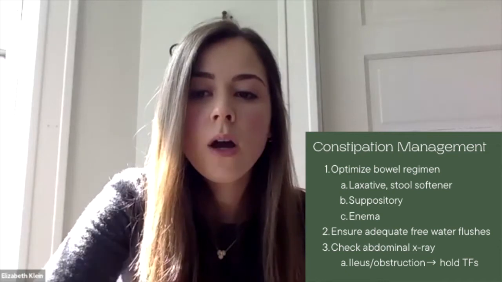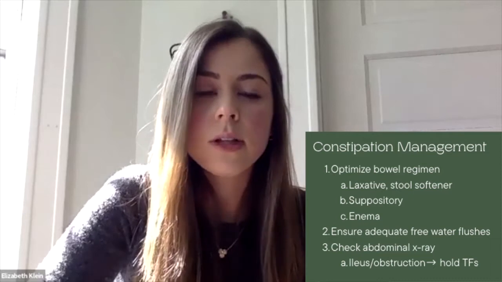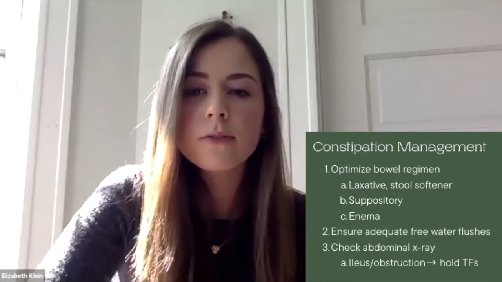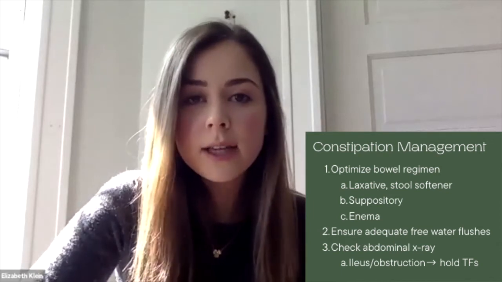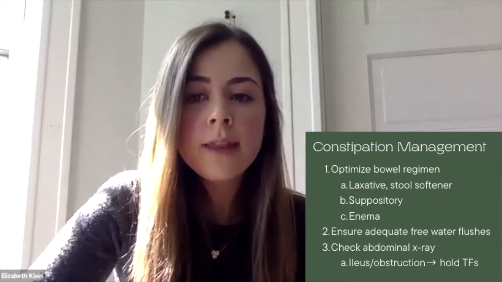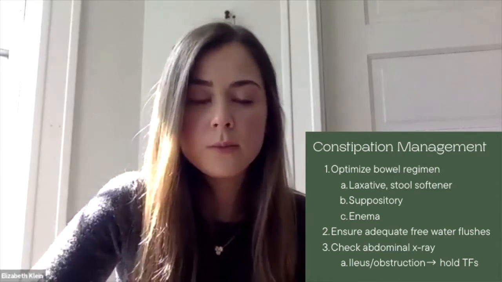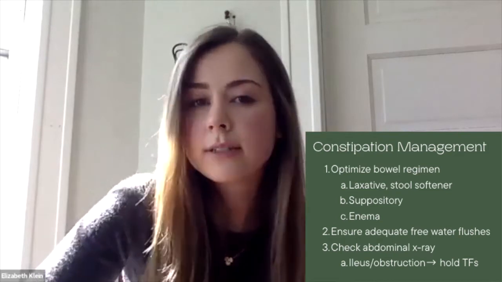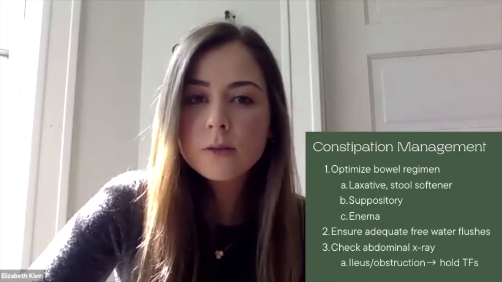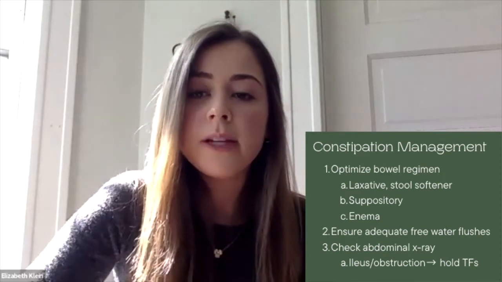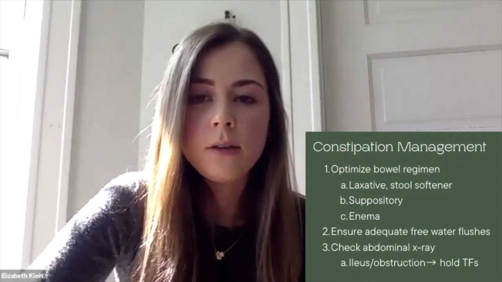If they're not already on them, try and ask their provider to order a laxative or a stool softener or both. Now, if the patient is already getting these medications and still having no relief, then you could talk to the pharmacist or the doctor about ways we can consider a more aggressive bowel regimen. We could move towards something called a suppository or maybe an enema to, again, help promote the patient having a bowel movement.